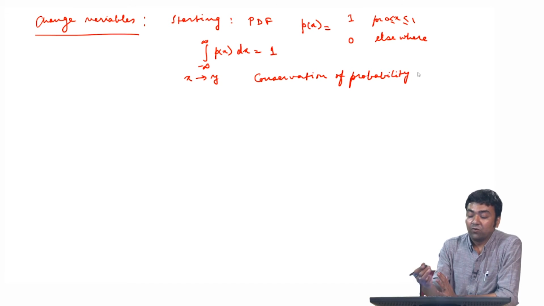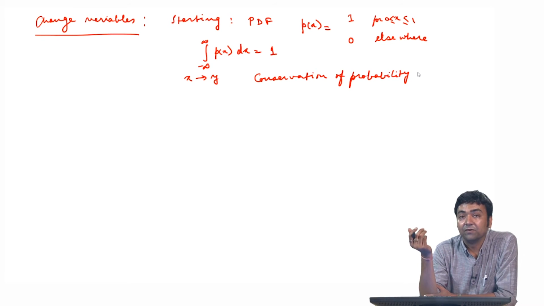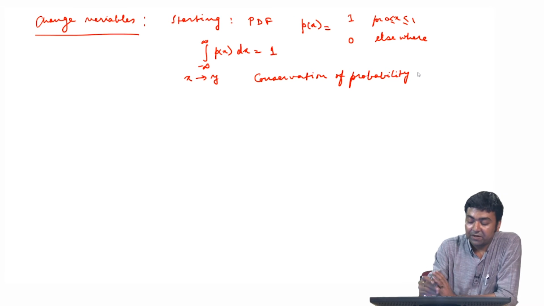Okay, so, what are we trying to do? I have a set of random numbers which has a uniform distribution and lies between 0 and 1. I want to generate a set of random numbers y whose probability distribution function is given by p y.